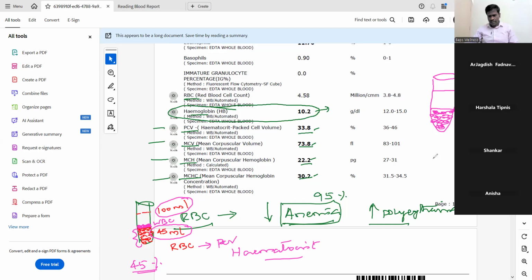Both have, for example, 45 ml. When we count the number of red blood cells that make up this 45 ml volume, that will give an idea about the size of individual cells.